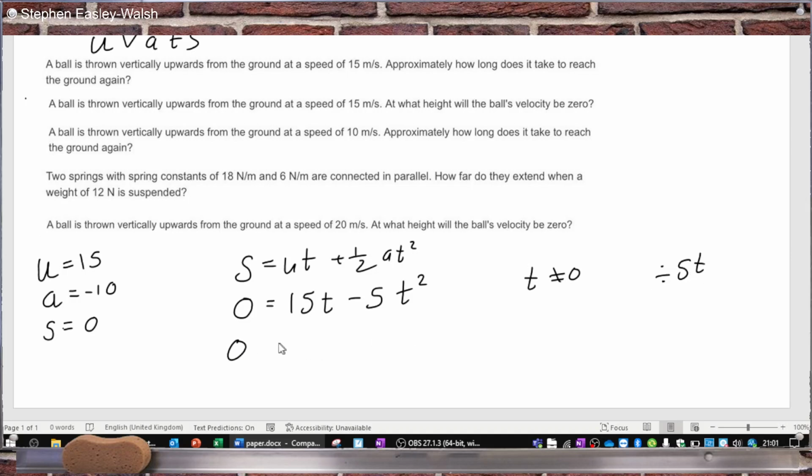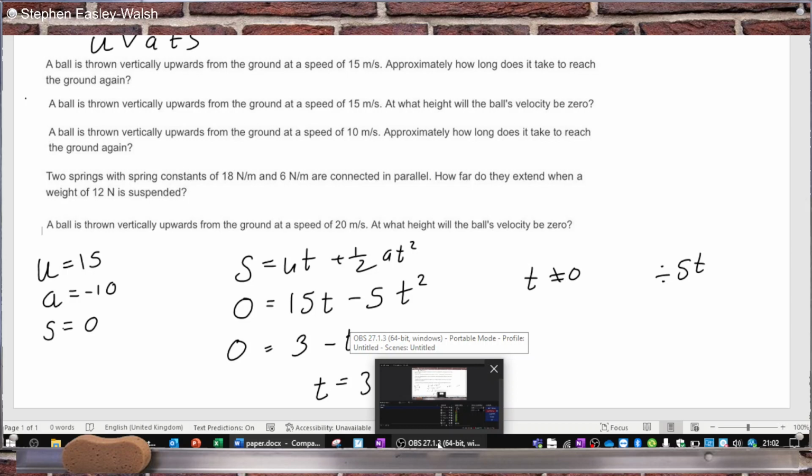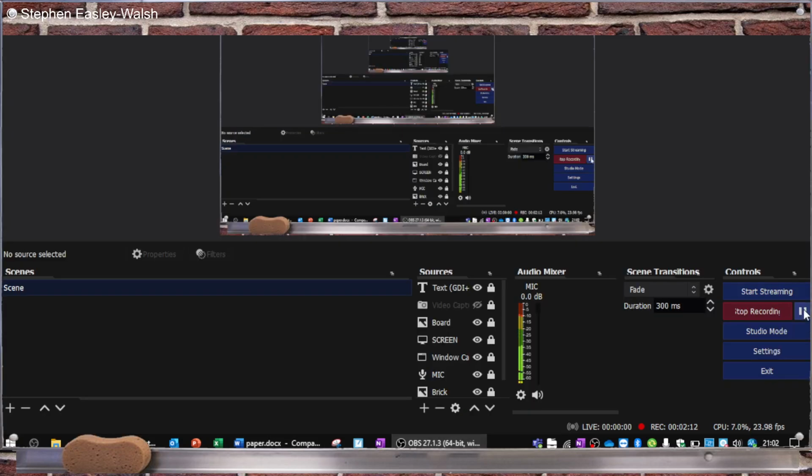So 15 divided by 5T is 3. And then 5T squared divided by 5T is T. So you end up with T is approximately 3 seconds. Okay. We can pause for a moment, clear it off, and have a look at the next question.